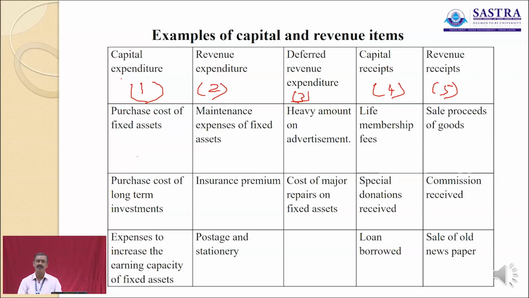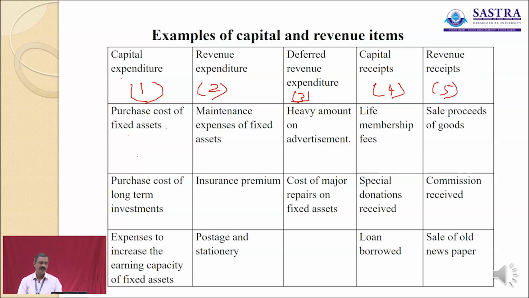Whenever we go through them, we should be able to analyze what kinds of receipts and expenditures are recorded and presented in the financial statements, income statement and balance sheet. Whether it is relevant to this kind or that, we need to differentiate and discriminate. For this purpose, we need to know first the items that come under capital expenditure, revenue expenditure, deferred revenue expenditure, capital receipt or revenue receipt.